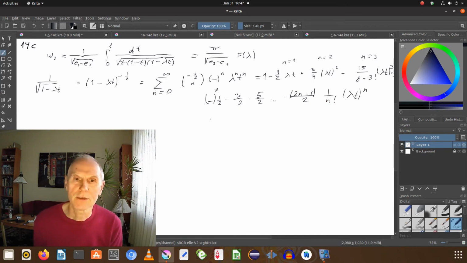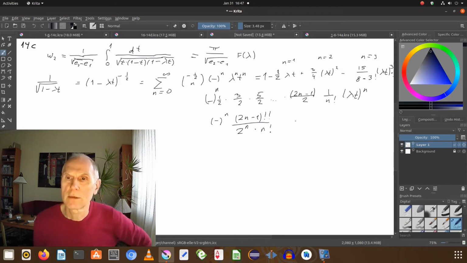So the nth term is minus 1 to the nth, 2n minus 1 double factorial, 2 to the nth, divided by n factorial. Now let's see, that agrees with that, and then lambda t to the nth.